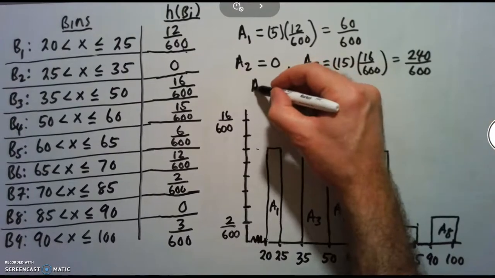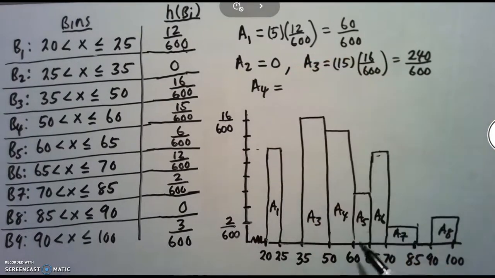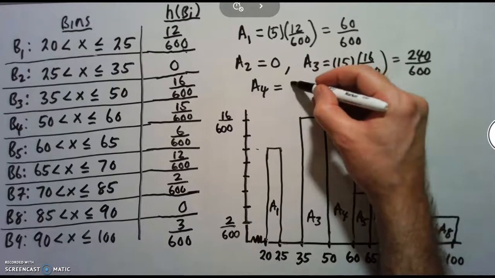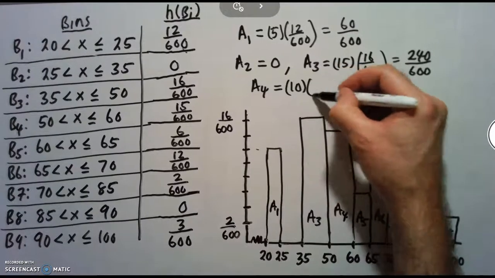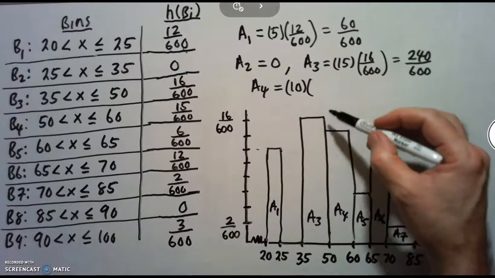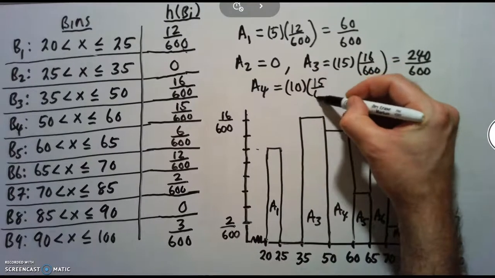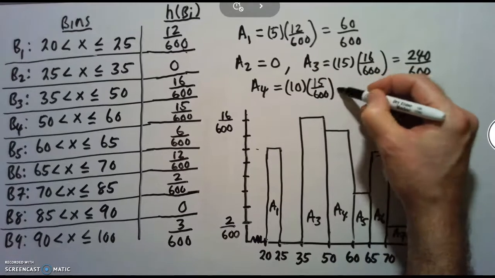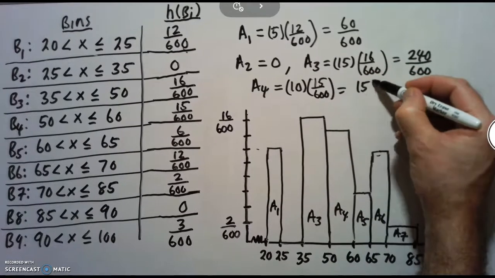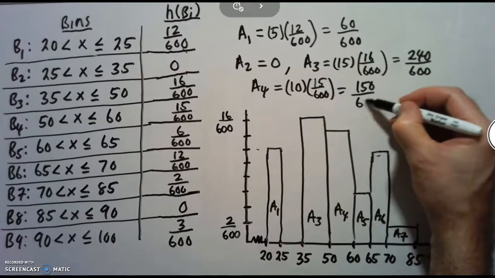Then A4. So A4 is going to be 10 times the height here. So the fourth one looks like 15 over 600. So it'd be 150 over 600.